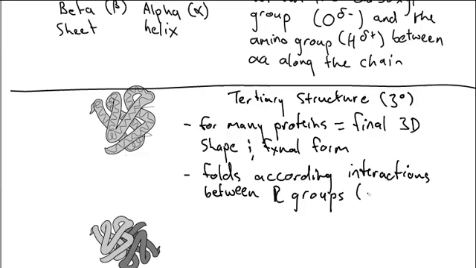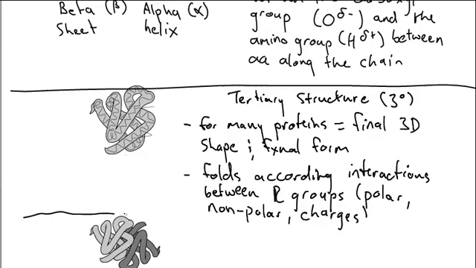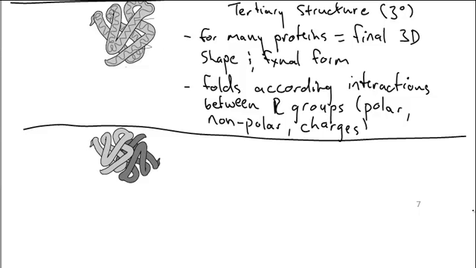So based on whether they're polar, they might be on the outside of the protein because they like water, or non-polar, being hydrophobic, they'll be buried in the middle of the protein. Or the charges, positive and negative, will determine how it folds up. And that's generally the structure of a lot of proteins. But then there's still quite a few more who have a quaternary structure.